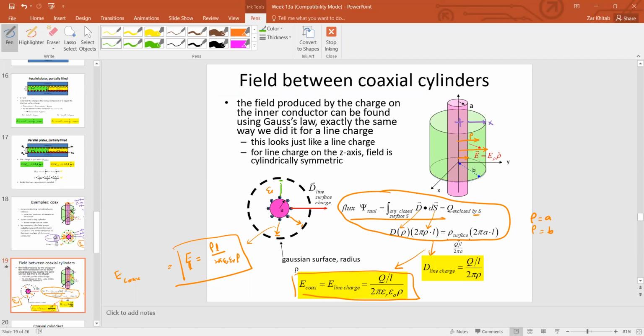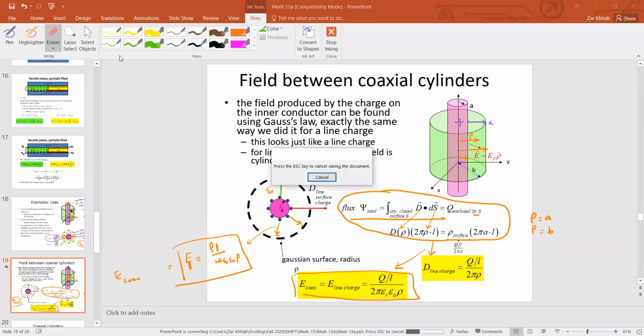The electric field starts from here, and there is no electric field outside because the electric field cannot cross metal. The outer wire of the coaxial cable is a conductor, so the electric field cannot cross it. It will stay confined between the inner conductor and the outer conductor. Okay, so that's the electric field of the coaxial cable.